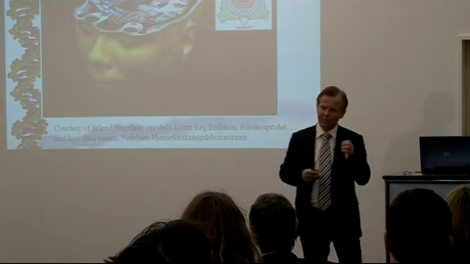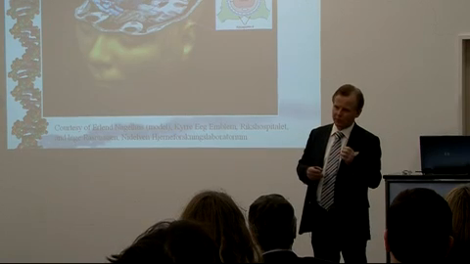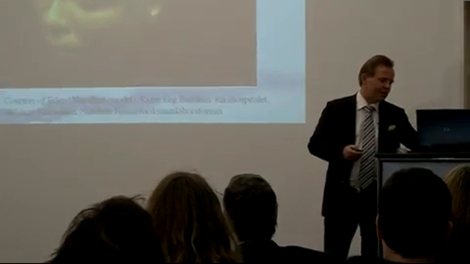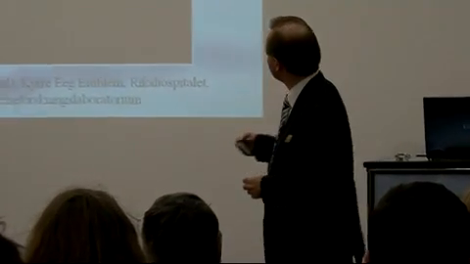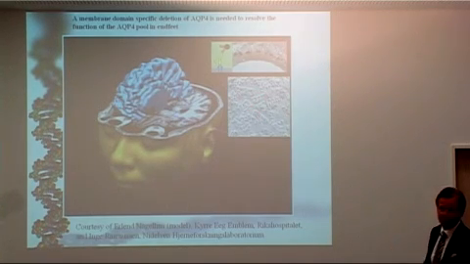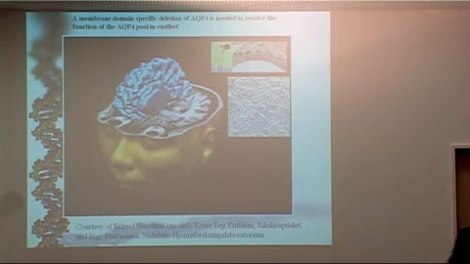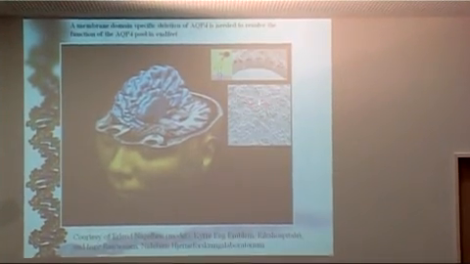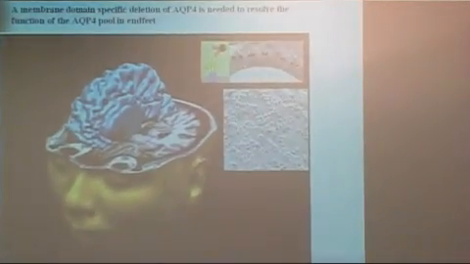But specifically, we wanted to knock out aquaporin 4 just in this particular membrane domain. And please be reminded that the density of aquaporin 4 in these membrane domains is excessive. If you look in a freeze fracture preparation, you will easily see these square arrays that are composed merely of aquaporin 4 molecules. So it's really a very, very abundant molecule in this particular membrane domain.